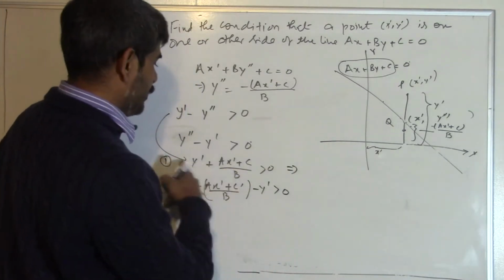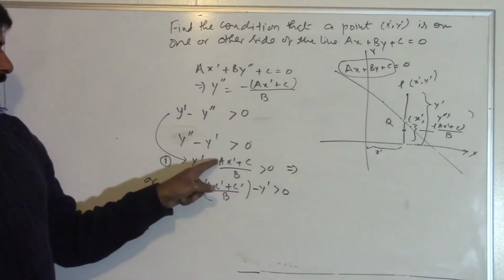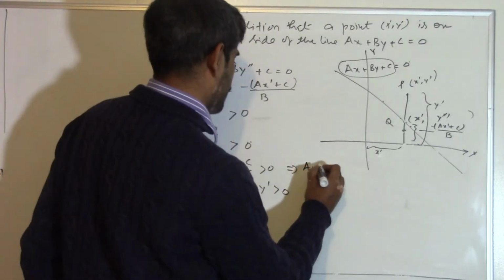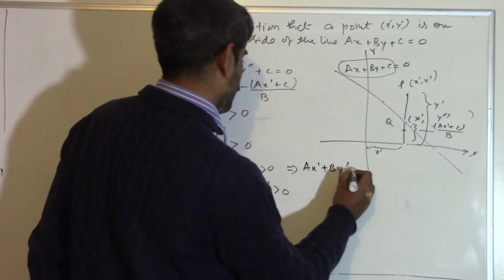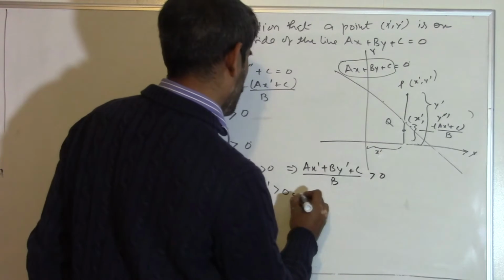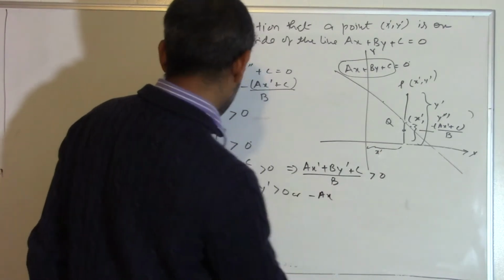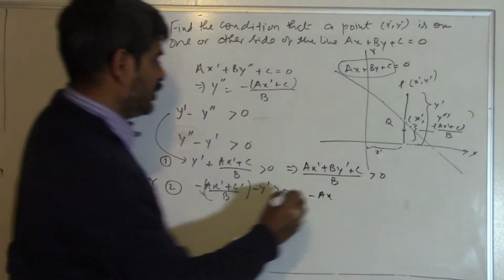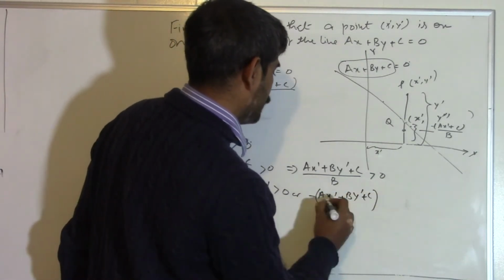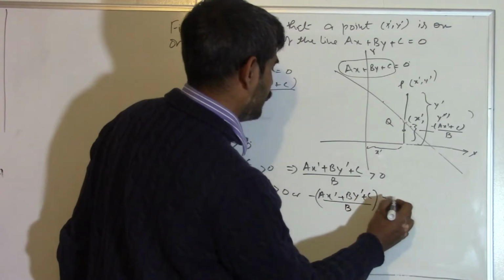We can simplify it, so we can write (ax dash plus by dash plus c) divided by b is greater than 0, or minus (ax dash plus by dash plus c) divided by b greater than 0.